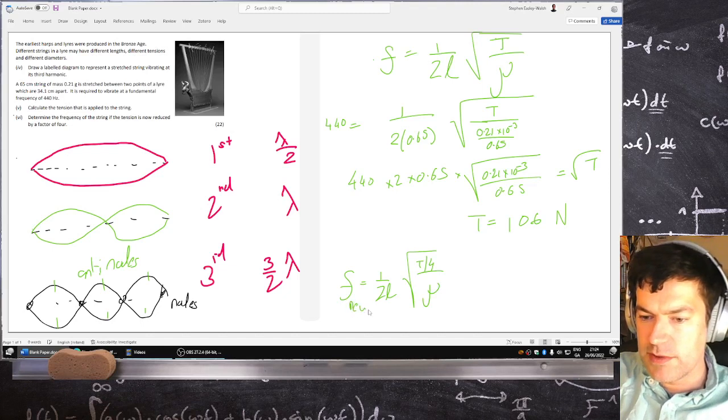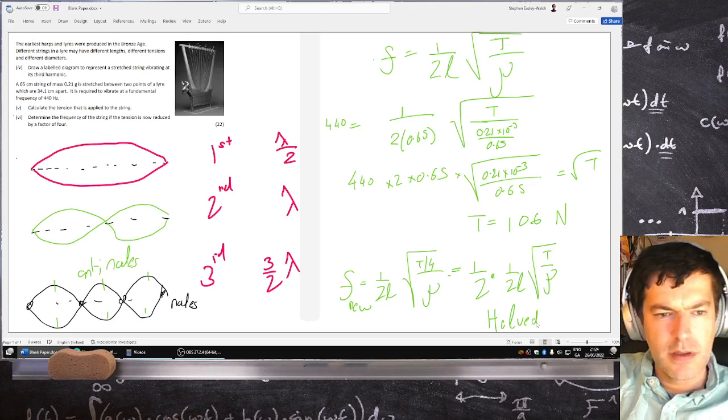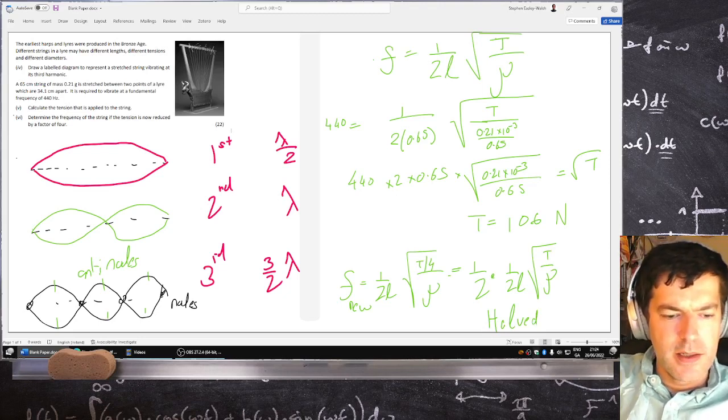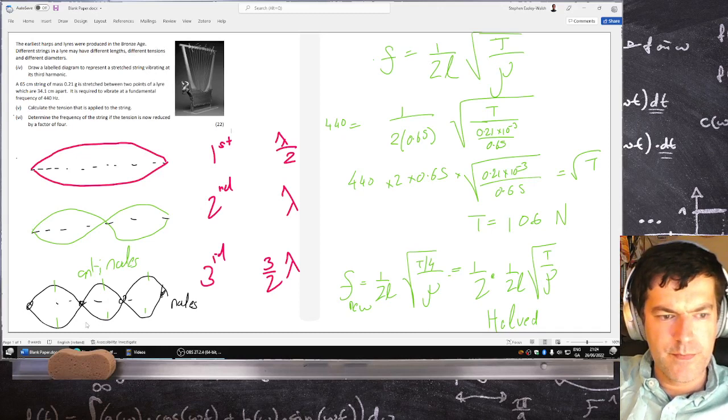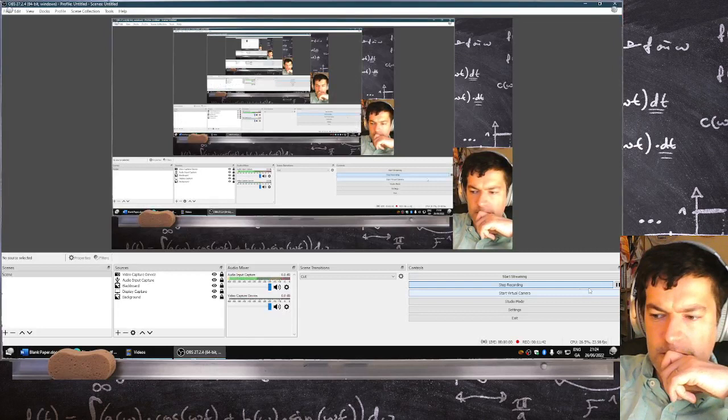That's the new frequency. But 1 over root 4 is 1 over 2, so that'd be 1 over 2 times 1 over 2L root T, the old tension. Yeah, it'd be halved.